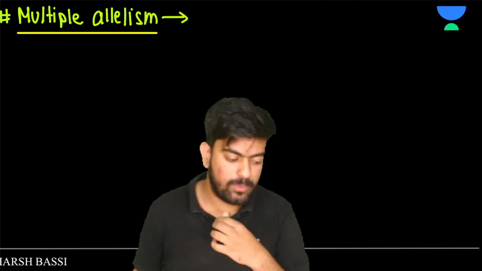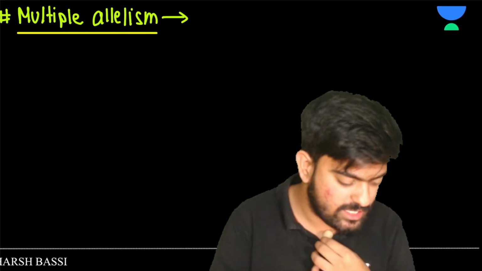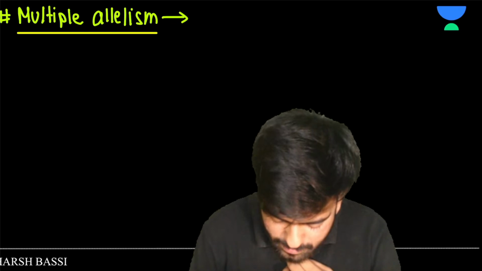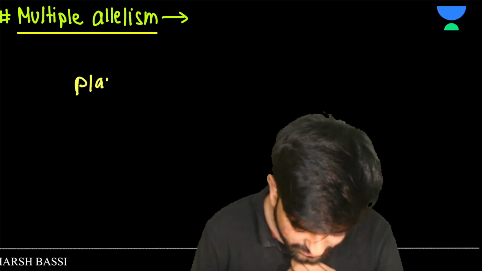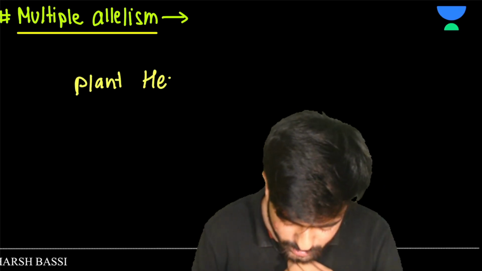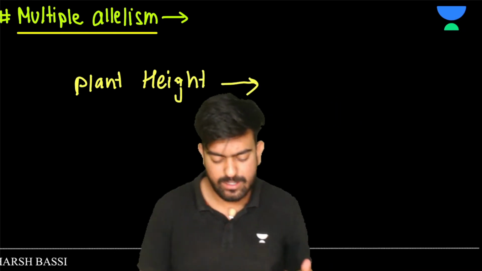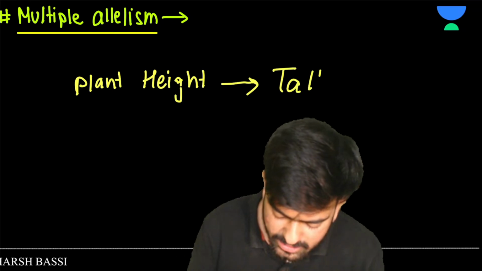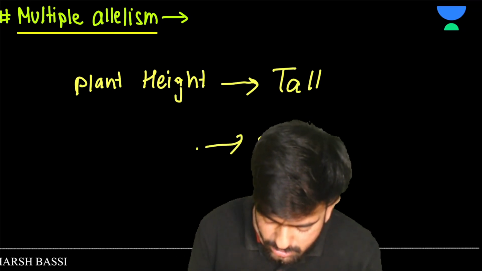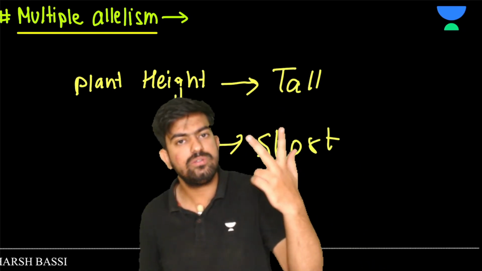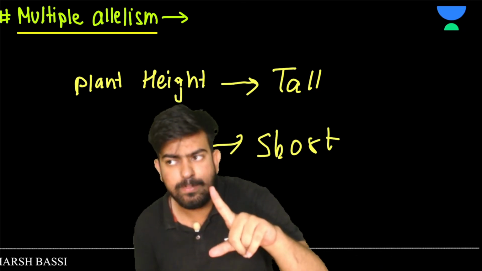If one gene is represented by more than 2 alleles. Here, if I am talking about plant height, how many variations do we have? Sir, one is tall, the other one is short. How many variations? 2 variations. Is this the case of multiple allelism?